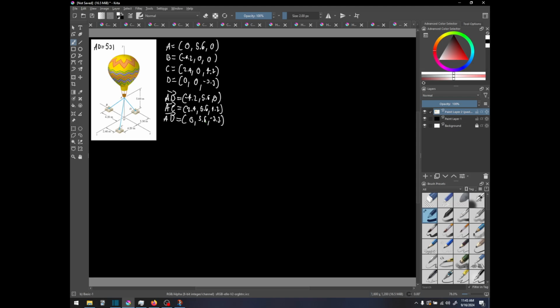And now we make the lambdas of each of these. We have lambda AB, lambda AC, lambda AD. It's going to be a very long straight line, square root, very long straight line, square root.